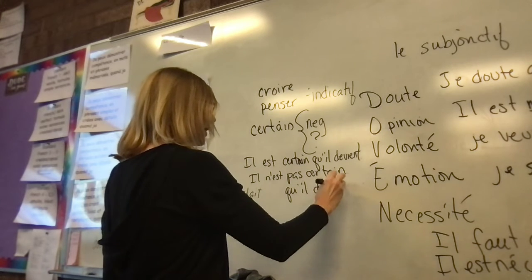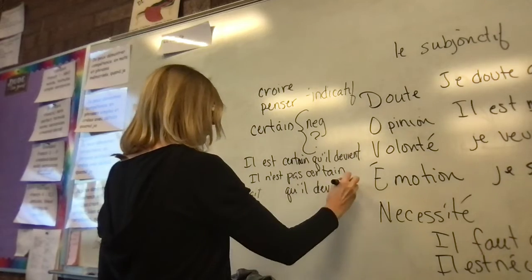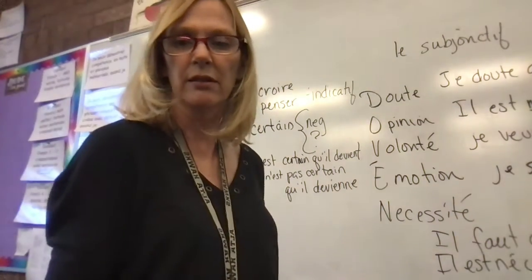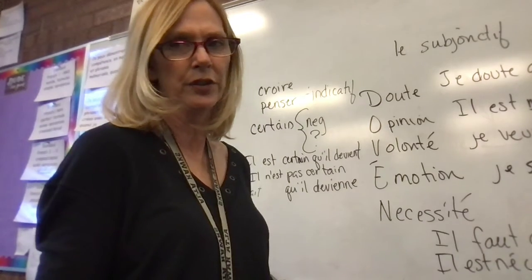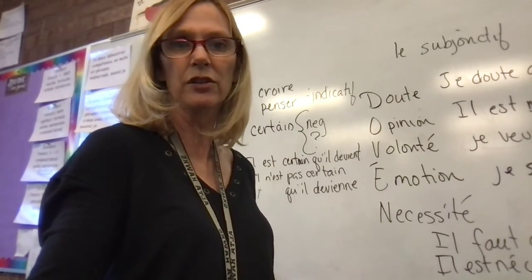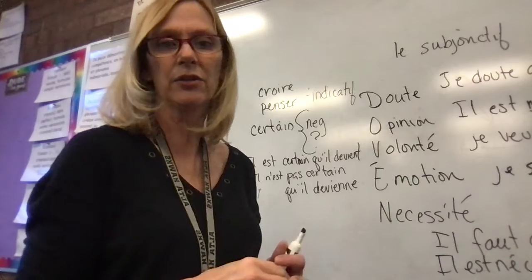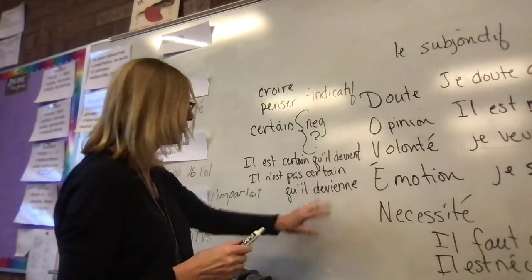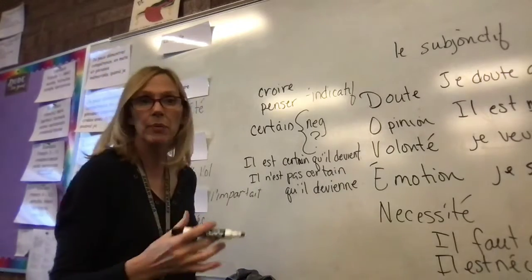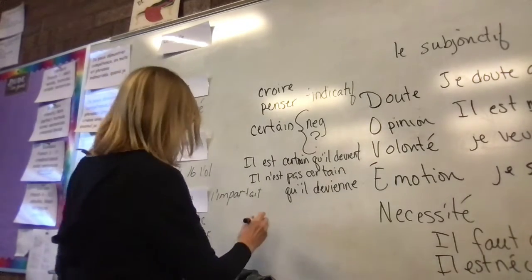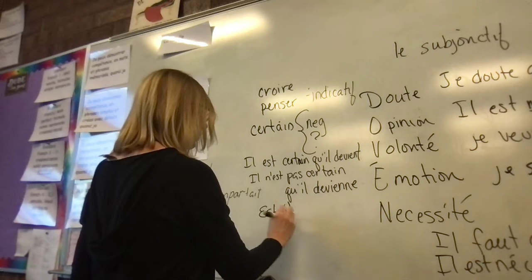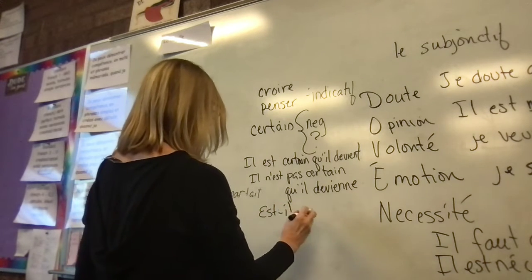So when I go from he is certain, it is certain that he will become the president, to it is not certain. See, I've made it negative. I've taken certainty, made it negative. That's doubt. So that's when you end up with these subjunctive phrases. Okay, il n'est pas sûr. It's not sure. Also, if I make a question, est-il certain? Is it certain that he will become the president?